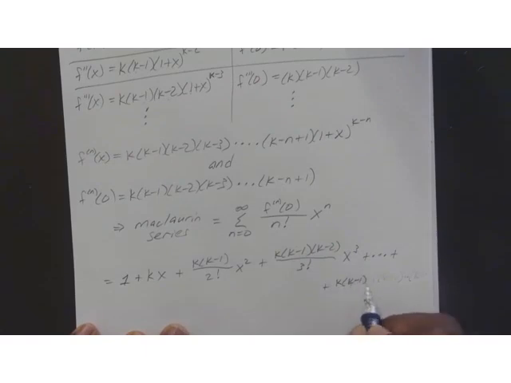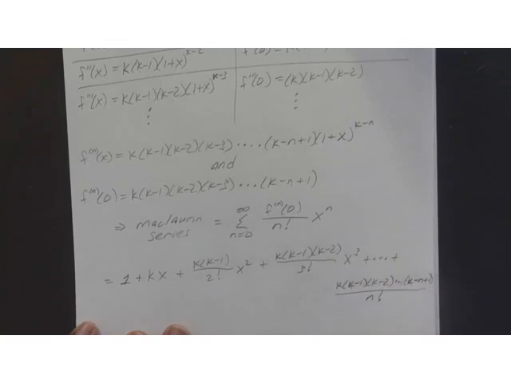K times k minus 1, k minus 2, all the way to k minus n plus 1, divided by n factorial. And we multiply that by x to the power of n.